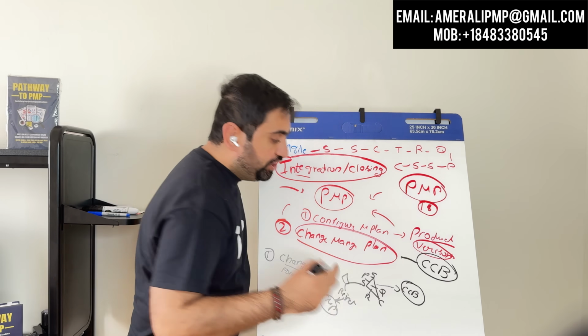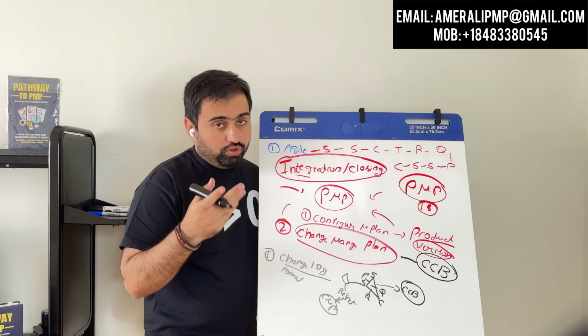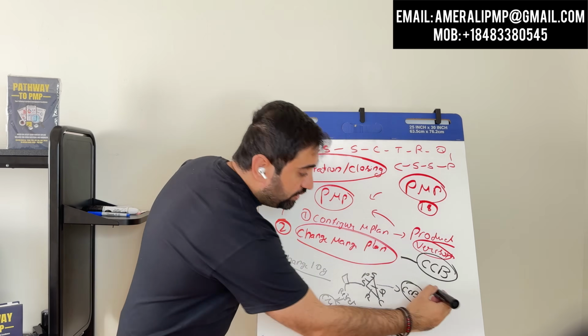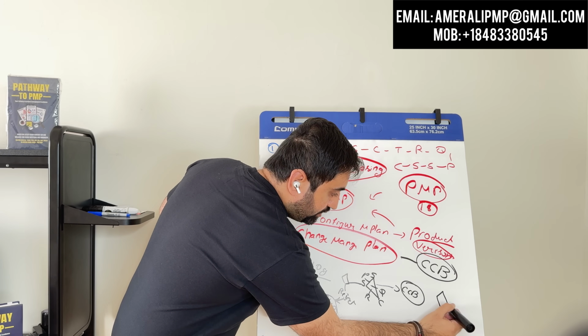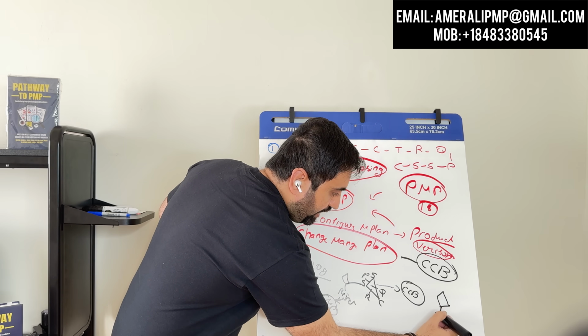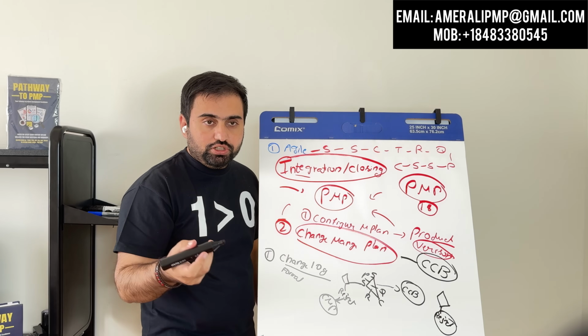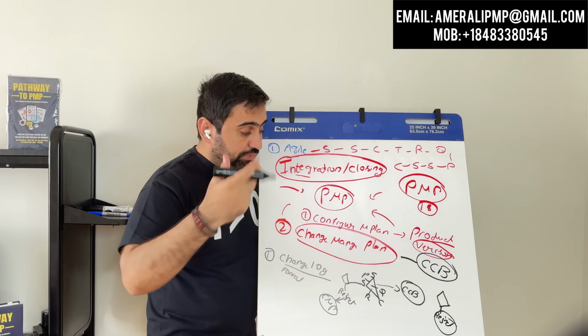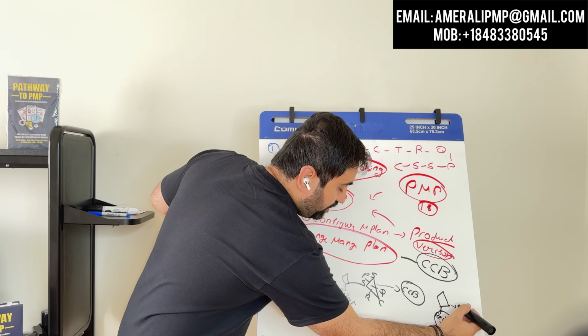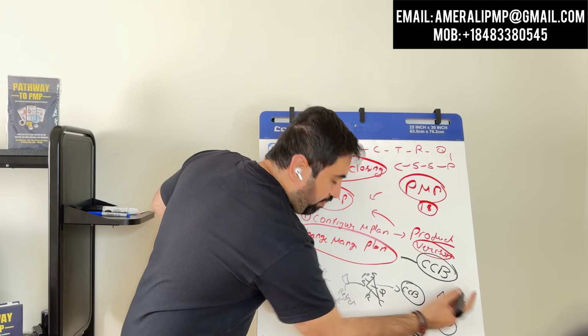Now again, the change control board can approve or reject the change. If they reject the change, we will communicate according to the communication management plan. If they approve the change, we will update the change log.